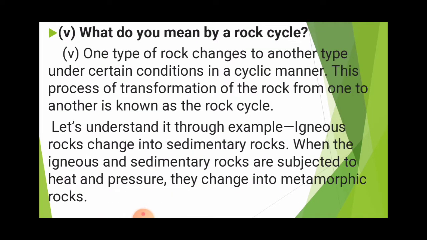Then next, what do you mean by rock cycle? One type of rock changes to another type under certain conditions in a cyclic manner. This transformation of rocks from one to another is known as the rock cycle. The below is an example which I had already explained to you in the chapter.